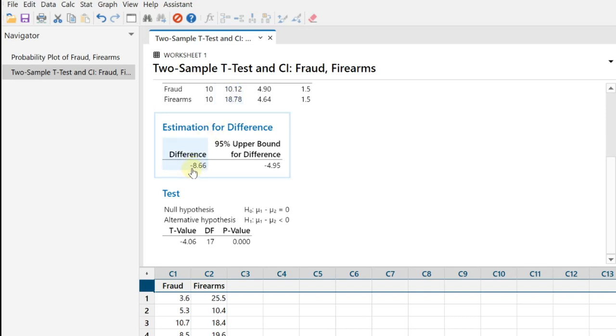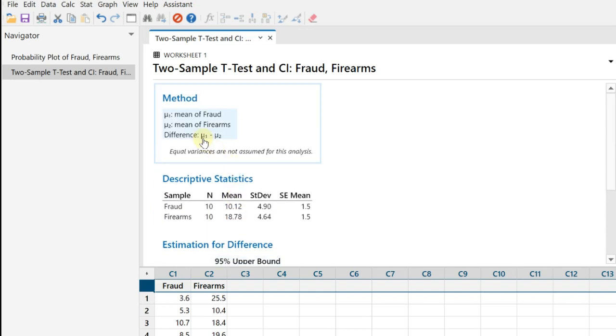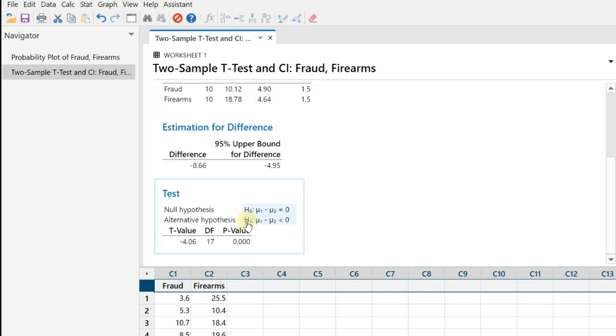The reason it's negative is because you're doing mu1 minus mu2. So Minitab is actually doing x bar 1 minus x bar 2, so that's 10.12 minus 18.78, and that's how you end up with a negative difference. Remember, a negative difference means lesser time for fraud than firearms.